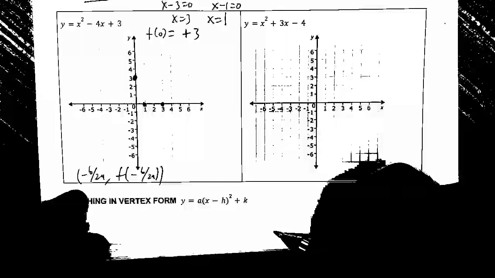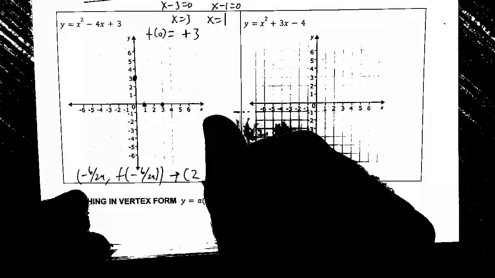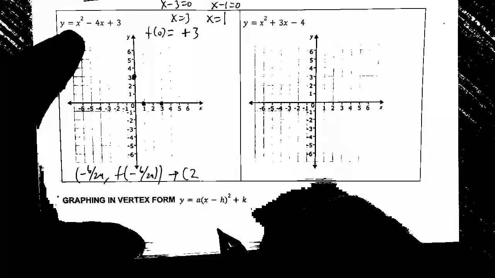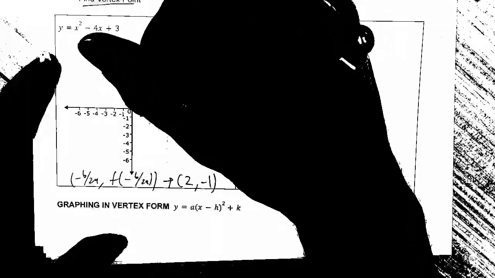Comma f of negative b over 2a. So what's negative b over 2a? 4 over 2. So it's just 2. Then plug it in. What happens when we plug in a 2? We get 4 minus 8 plus 3. What's 4 minus 8 plus 3? Negative 1. Okay? Then this all comes together, and we can sketch.